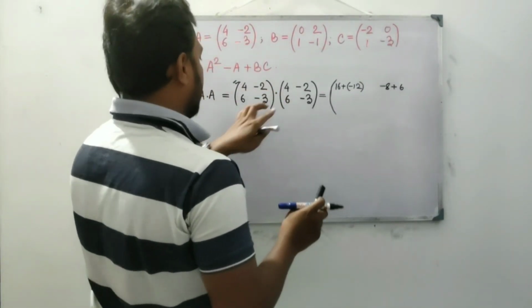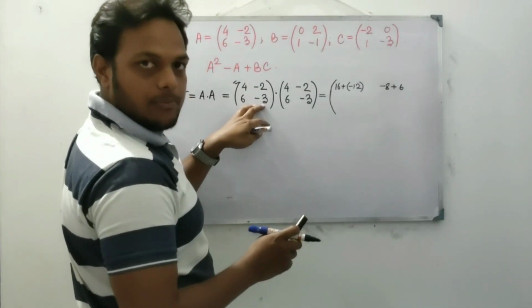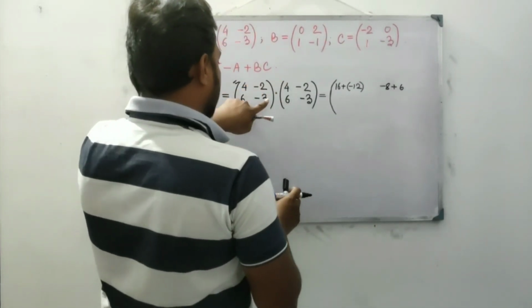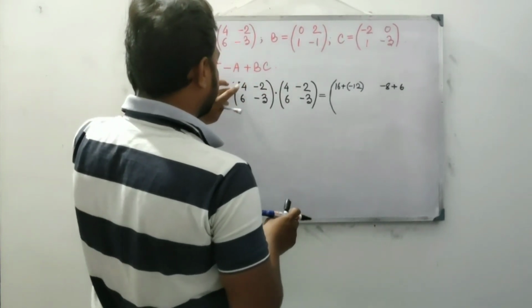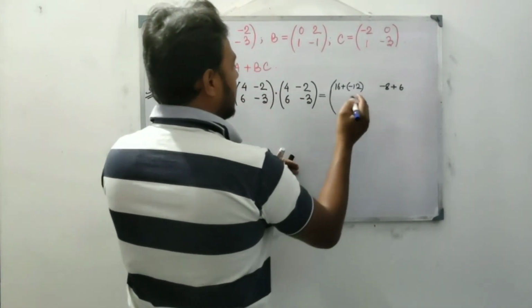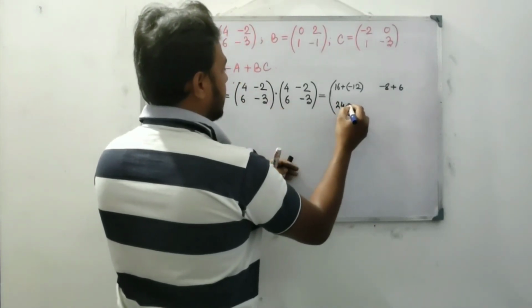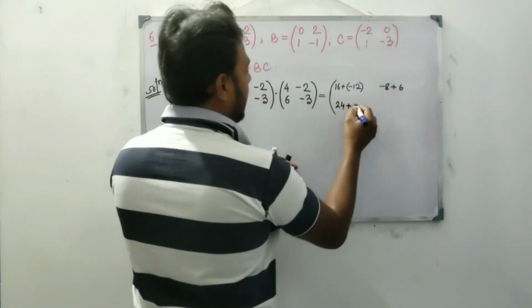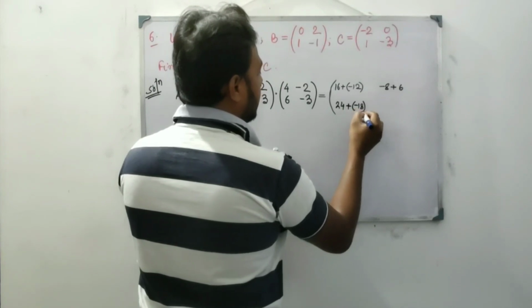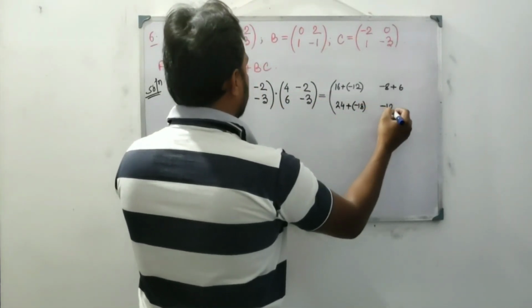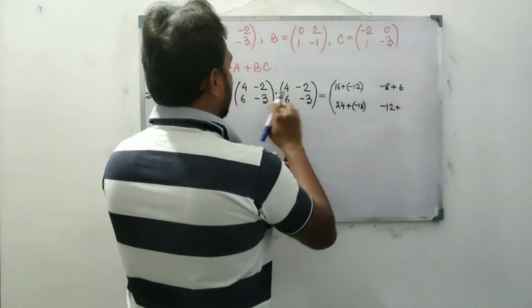First row done. Now consider the second row and the inner product with the first column. 6 4s are 24, plus 3 6s are 18, minus 18 obviously. Now with the second column: 6 2s are minus 12 plus 3 3s are 9.